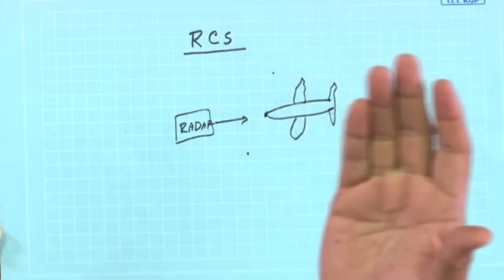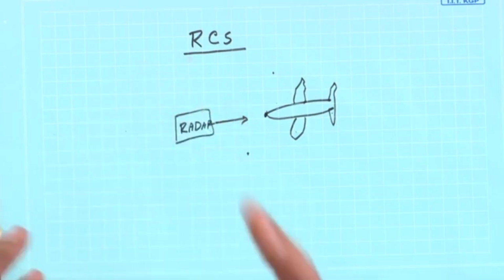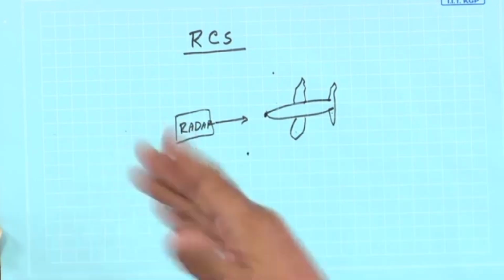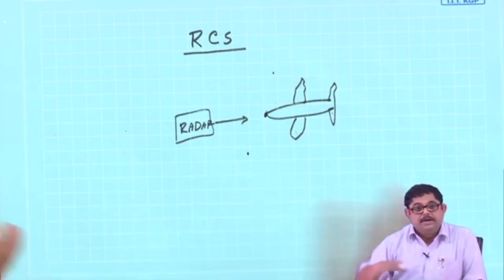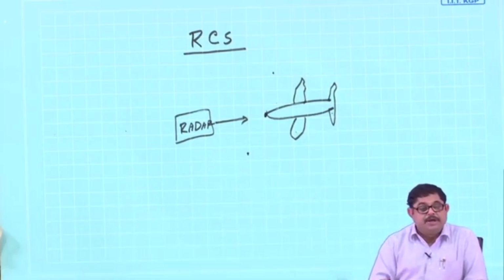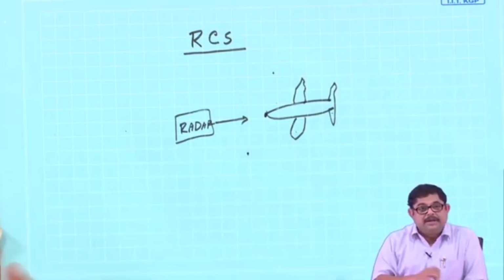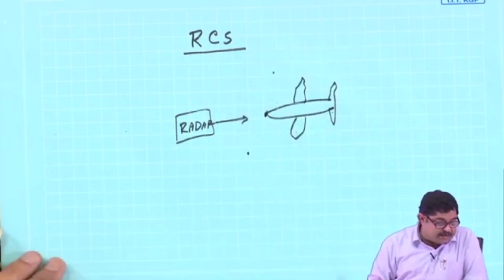Then also the sea environment is different from air, because fortunately air is a clean environment with no returns, but the sea has various states, the sea state, because of the wind, the turbulence in the ocean, etc. That will also give a return. You will have to clear that and find out the RCS of the ship, etc.